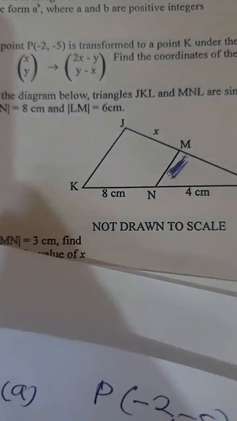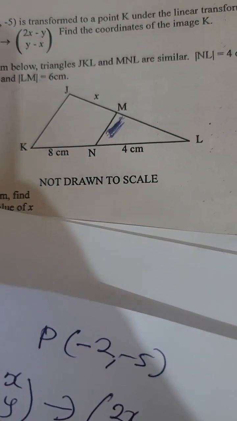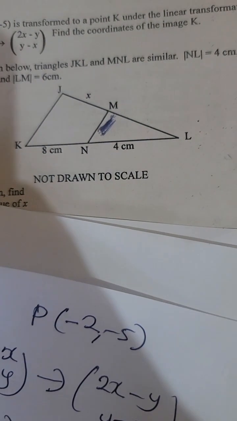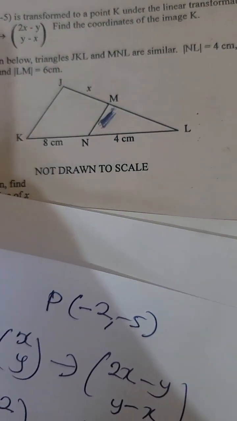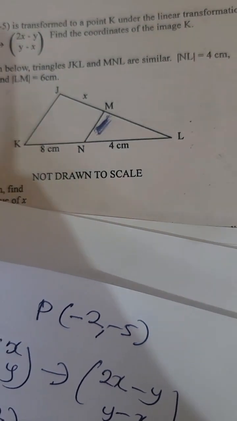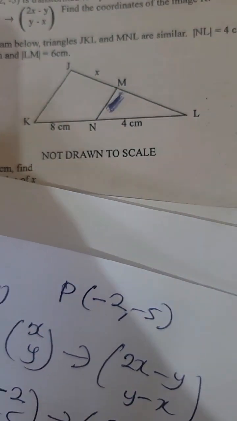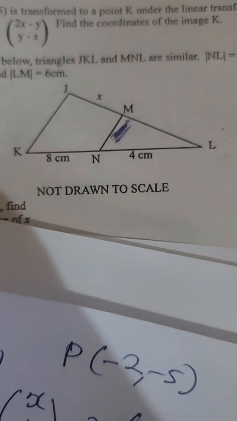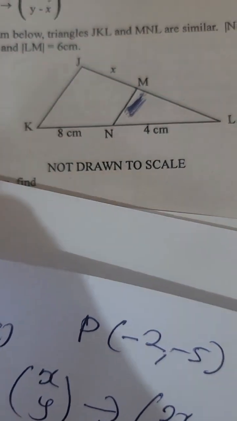JKL, and then we have MNL. Now if you look at it, KL is a combination of KN and NL. So 8 plus 4 is 12.